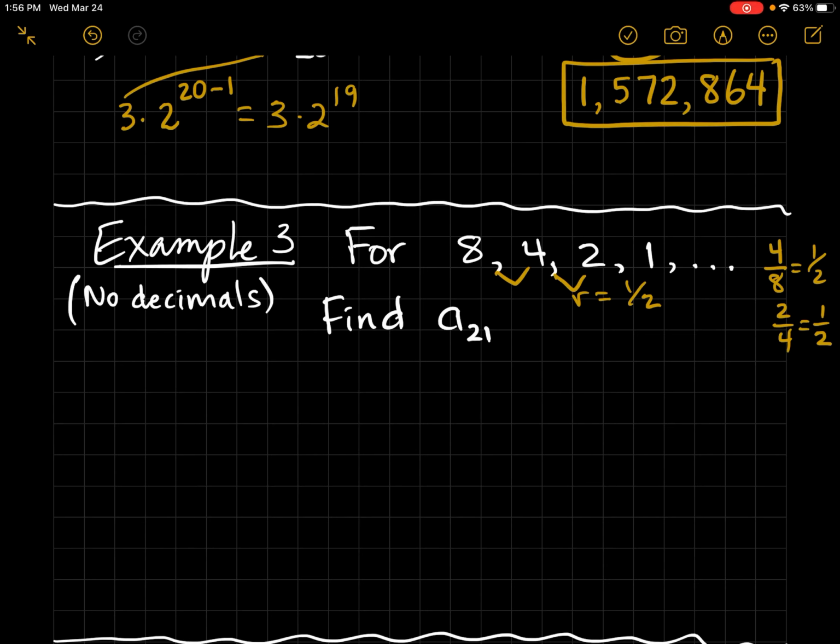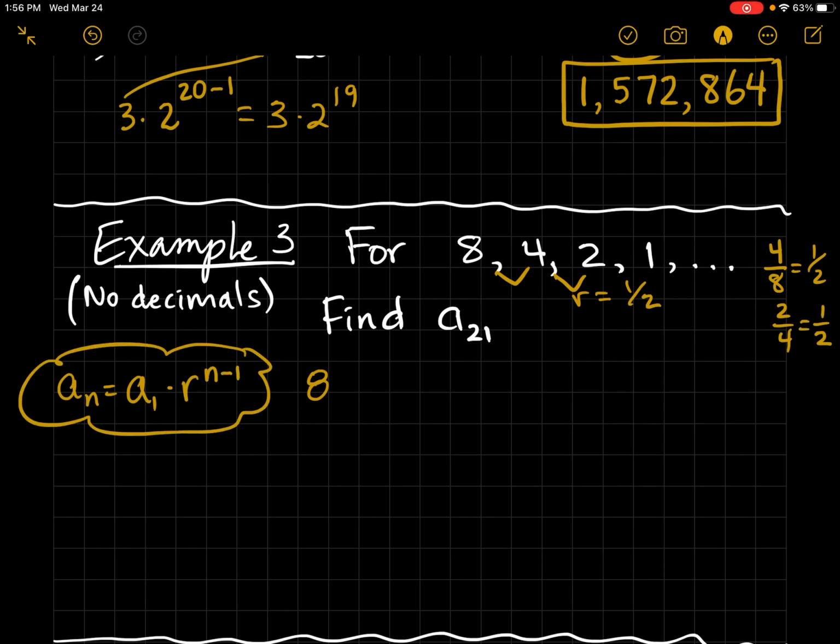Alrighty. So now a sub 21, we can use the formula. Let me write it out again for you. A sub n equals A1 times r to the n minus 1. This is our formula.